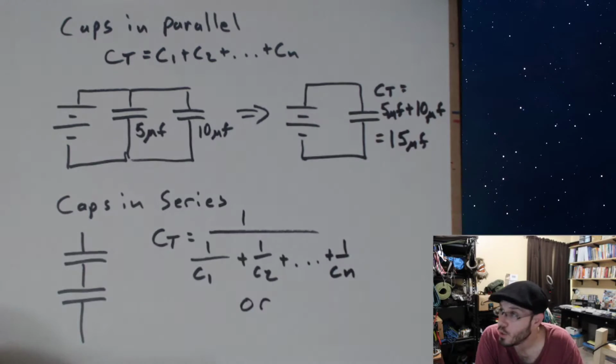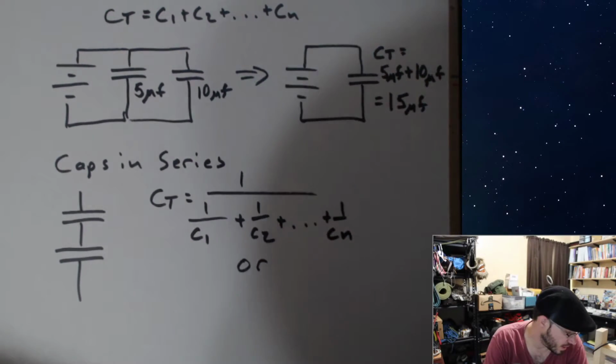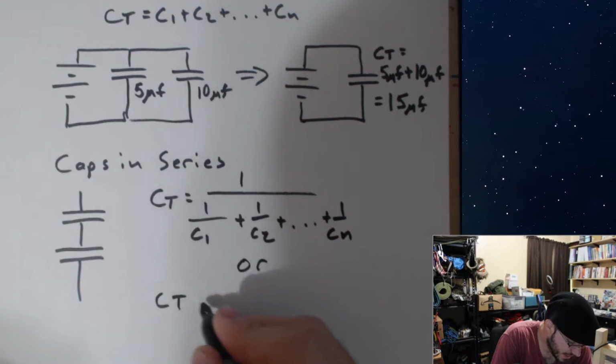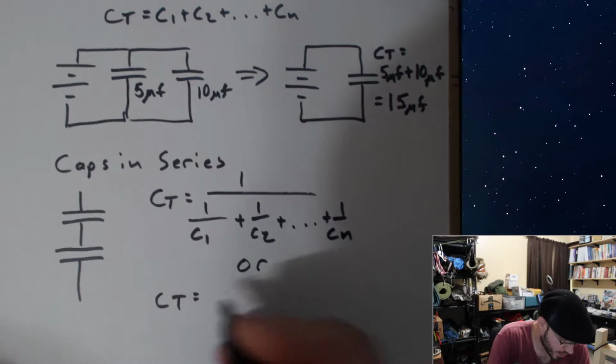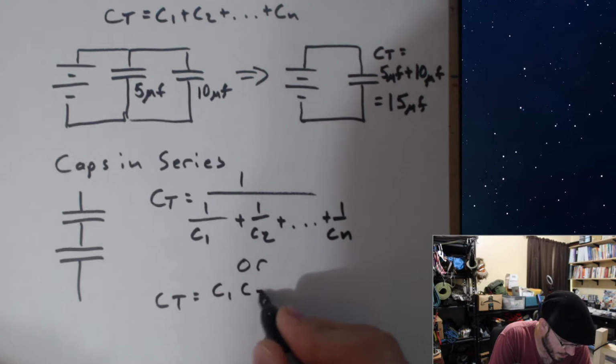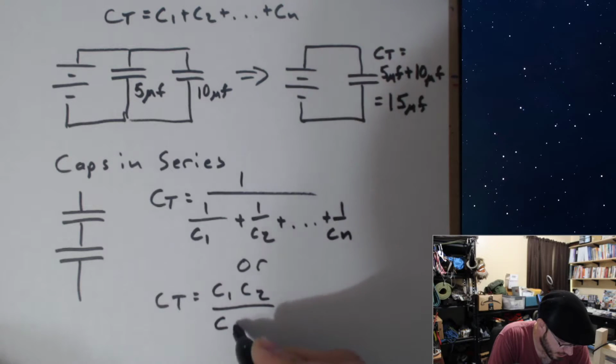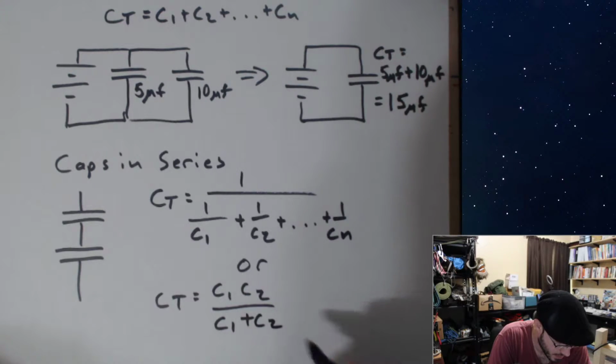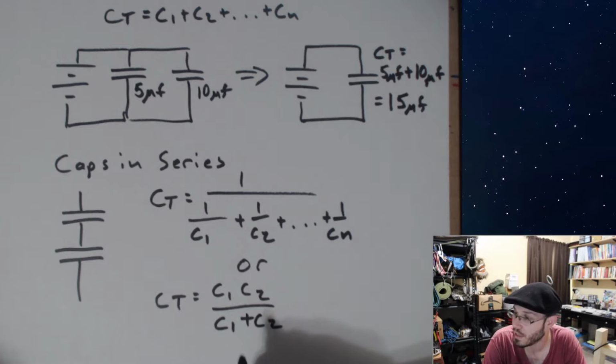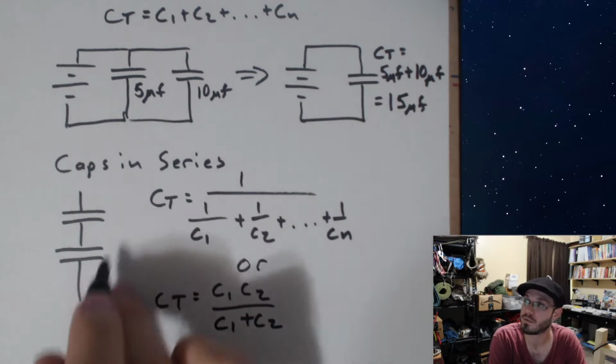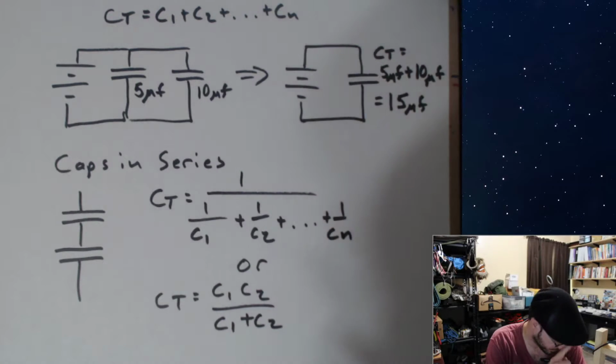Or for 2 caps in series, we can go ahead and say that CT is going to be equal to C1 times C2 divided by C1 plus C2. So it's that same equation that we used for resistances in parallel, but it applies for caps in series.